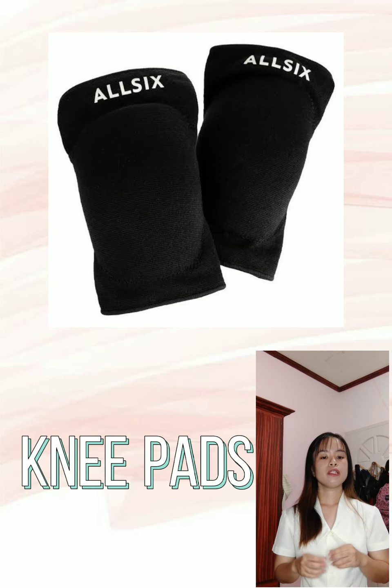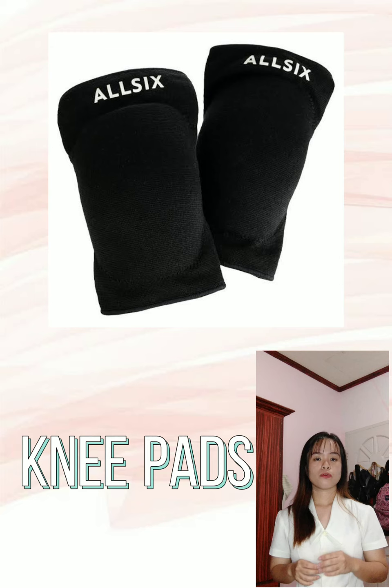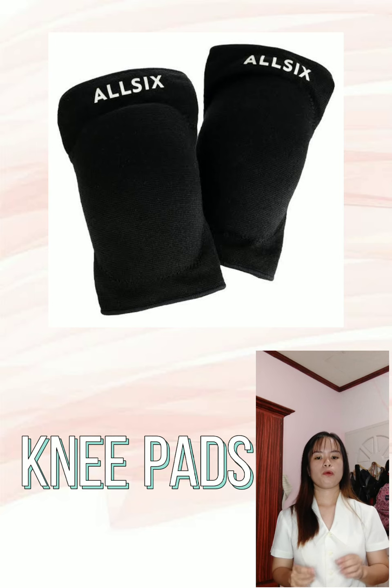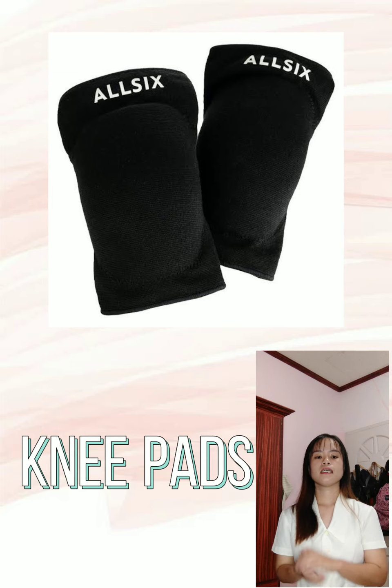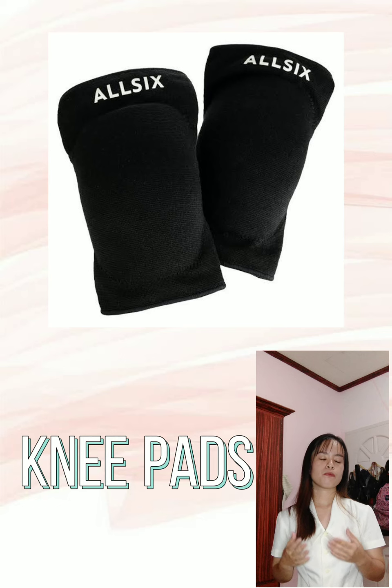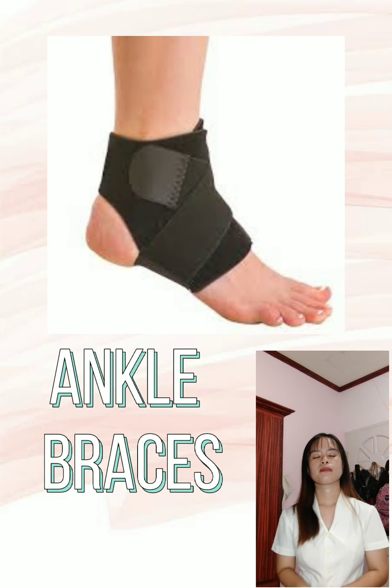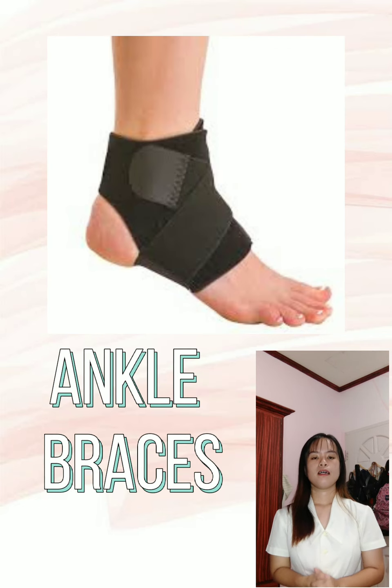The purpose of the knee pads is to protect the meniscus or the patella or kneecap while playing volleyball. Knee pads also guard the knee against scrapes and burns, which could happen during volleyball trainings or matches. Next are the ankle braces. Ankle braces help to reduce abnormal ankle motion while playing volleyball. So these are the facilities and equipments in volleyball.